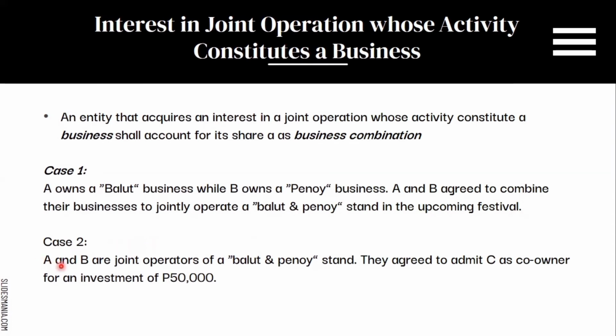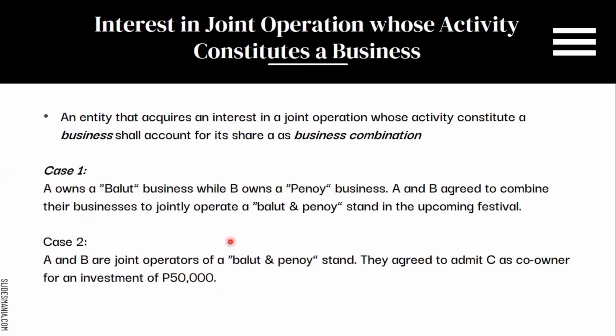Case number 2. A and B are the joint operator of a balut and Penoy stand. They agreed to admit C as a co-owner for an investment of 50,000. So, it means po, C acquire an interest in an existing joint operation whose activities constitute a business na po. So, ibig sabihin, C shall account for its share as a business combination na.